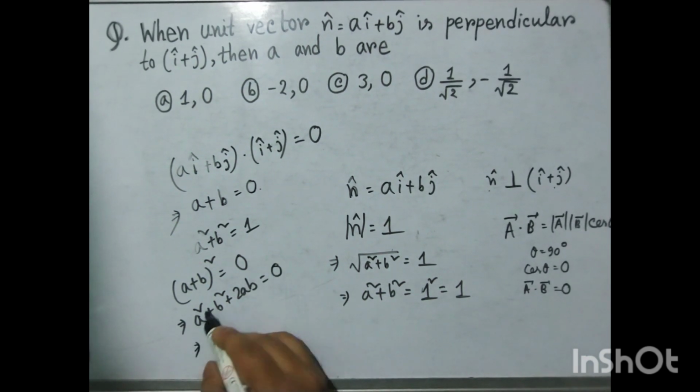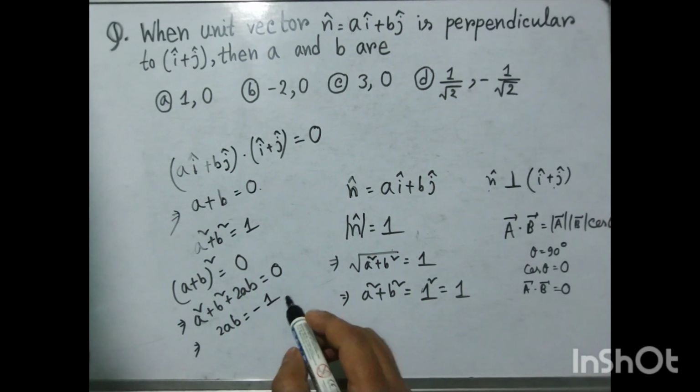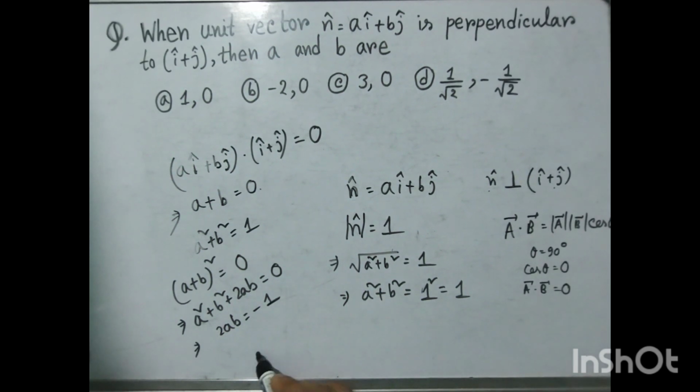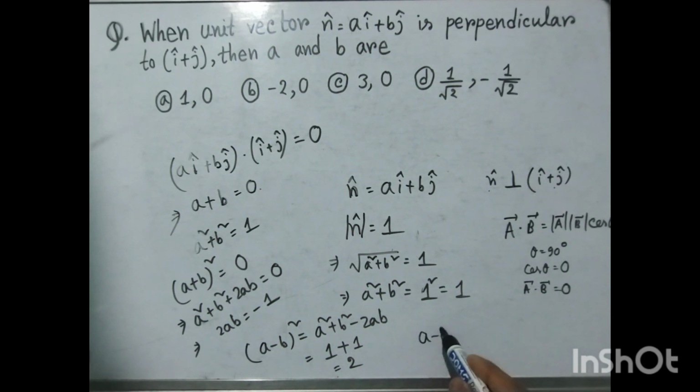So a square plus b square is equal to 1, so 2ab will be minus 1. Now a minus b whole square will be a square plus b square minus 2ab. So a square plus b square is 1, 2ab is minus 1, so minus 2ab will be plus 1, so this will be equal to 2. So a minus b will be root 2.